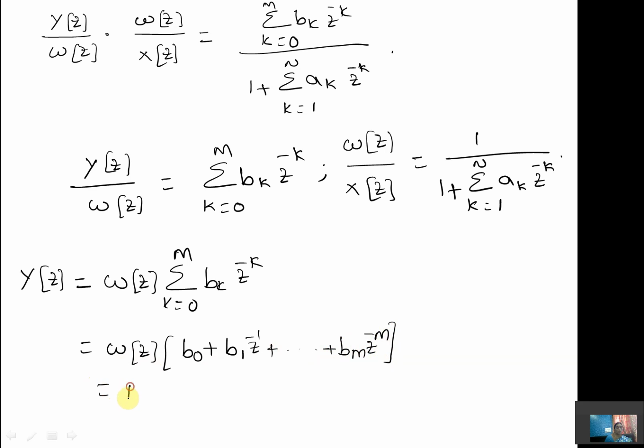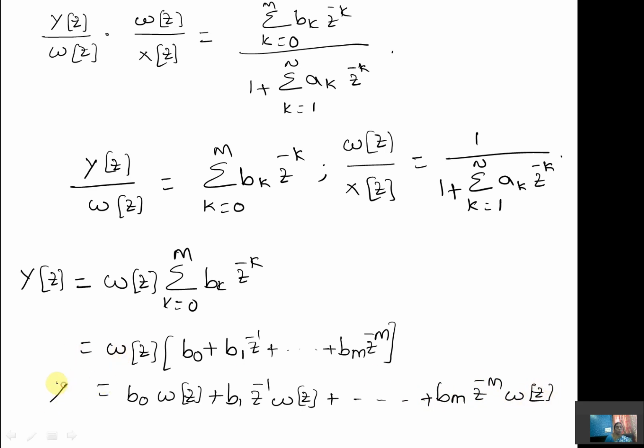That means b0 w of z plus b1 z power minus 1 w of z plus and so on bm z power minus m w of z. This is the equation for y of z. Consider this one as equation A.